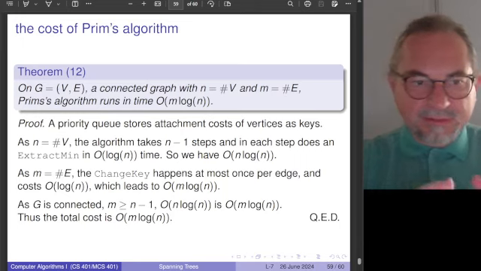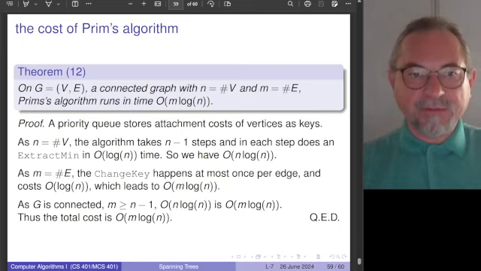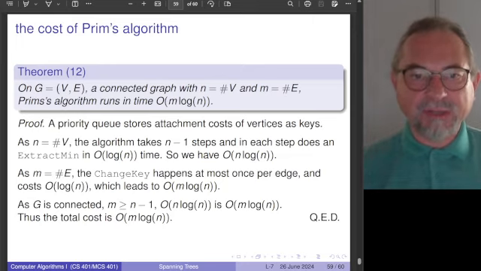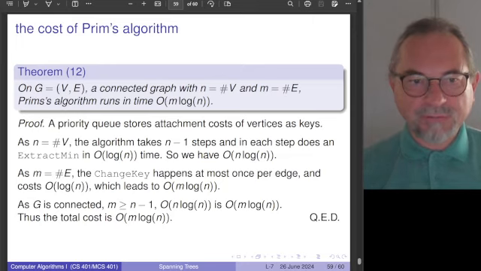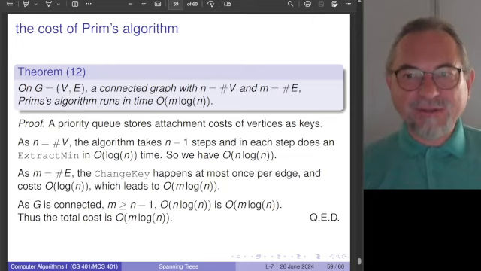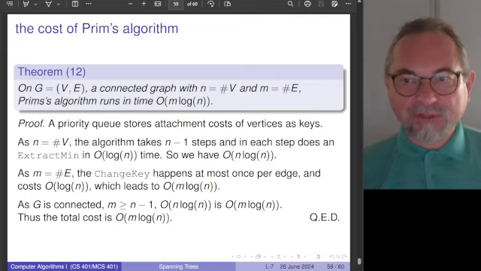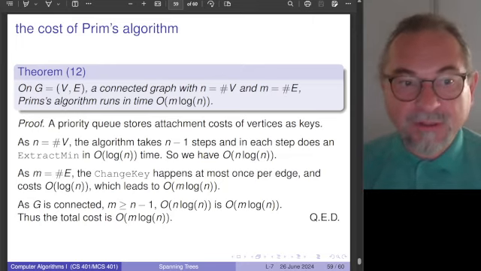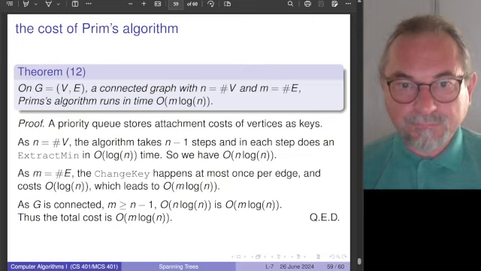So that change key costs logarithm of n, and we have m edges. So this is how we get to the m log n costs. Again, our graph has at least n minus 1 edges because it's a connected graph. So therefore, we can bound the n in the n times log n by m. We do this by m log m. Okay, so the total cost therefore is proven.